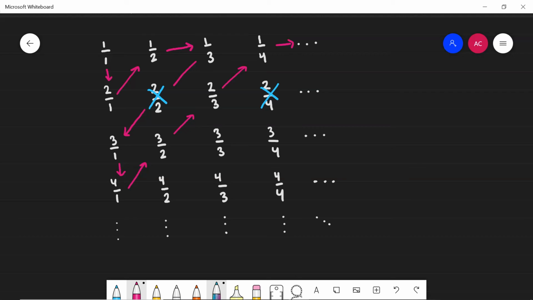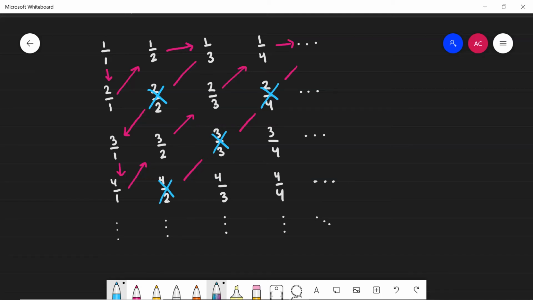So after I've hit 1/5, I skip 2 over 4 and I go to 3 over 3. But 3 over 3 is 1 over 1, which is also on my list. So I'm skipping 2/4 and 3/3. Then I go to 4/2. 4/2 is 2, and 2 over 1 is already on my list. So I'm skipping 4/2 also.